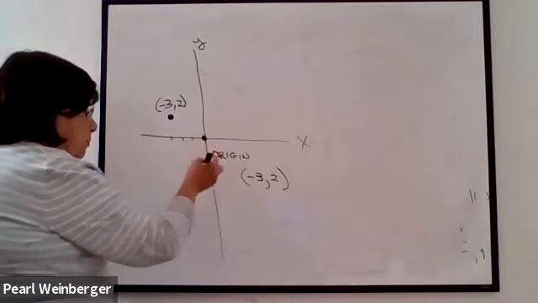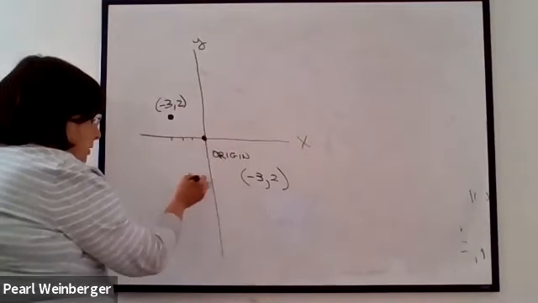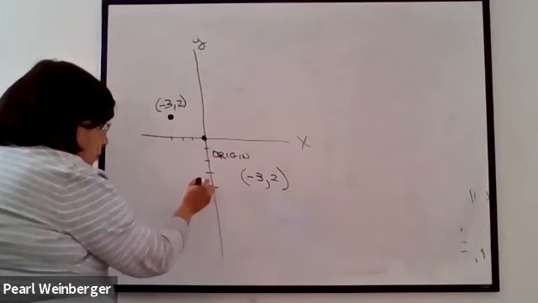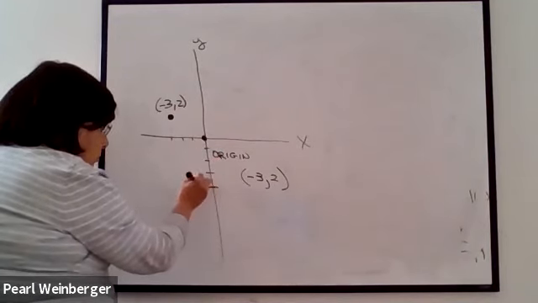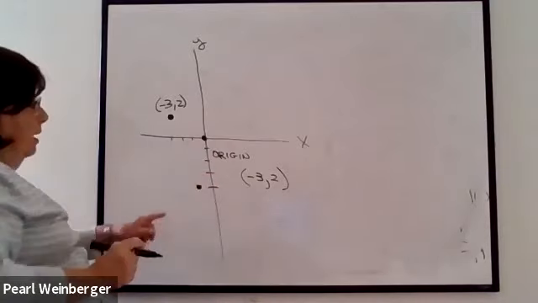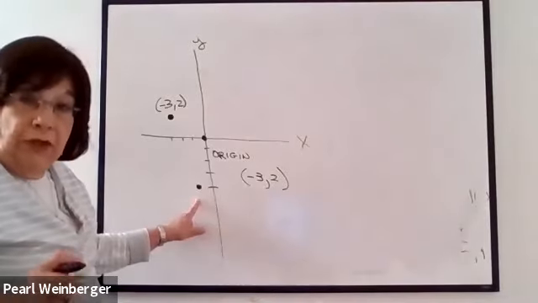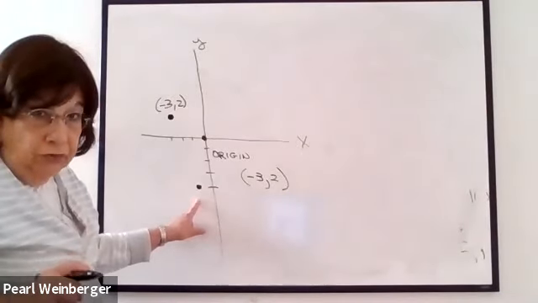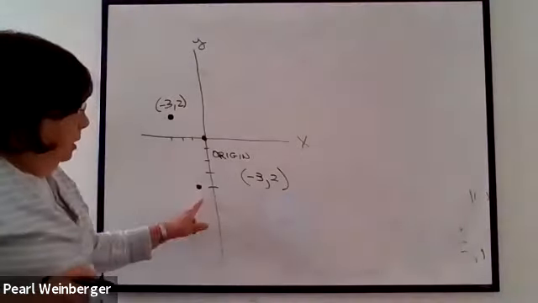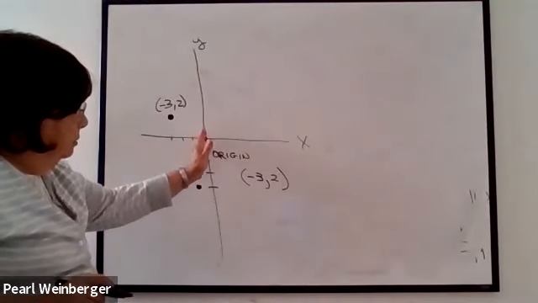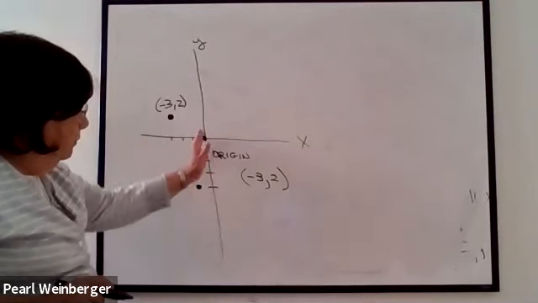Vice versa. If I give you a point, let's say I gave you this point over here, and I said, I want to know the coordinates of that point. When I say I want the coordinates, I want the 2 numbers associated with it. So the first thing I have to do is start at the origin and see how much right or left I have to go.